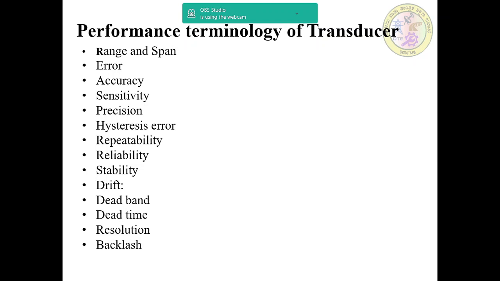And precision is defined as the degree of exactness for which the instrument is intended to perform. And hysteresis error: when a device is used to measure any parameter, plot the graph of output versus the value of the measured quantity, first for increasing values of the measured quantity, then for decreasing values.